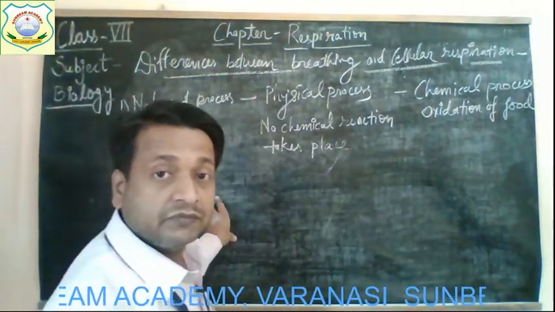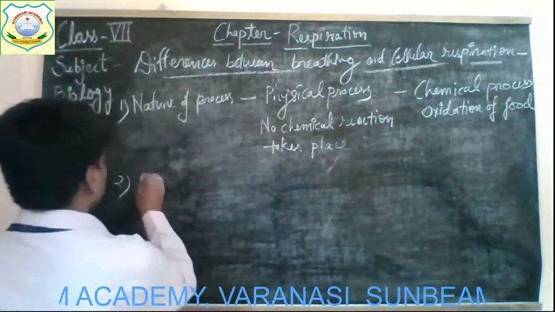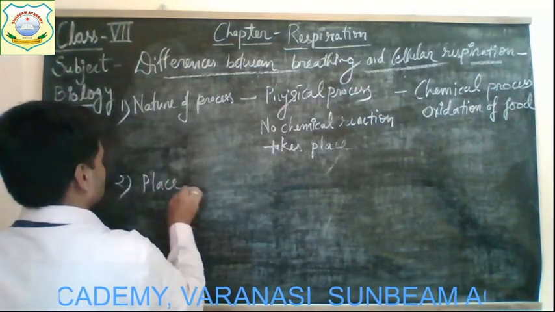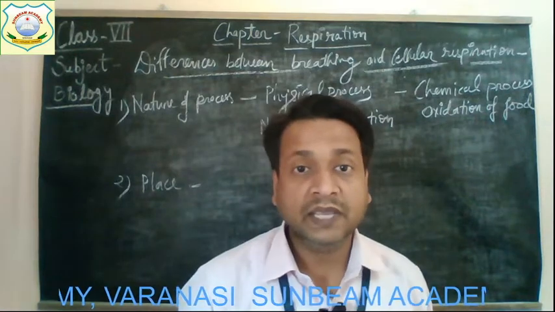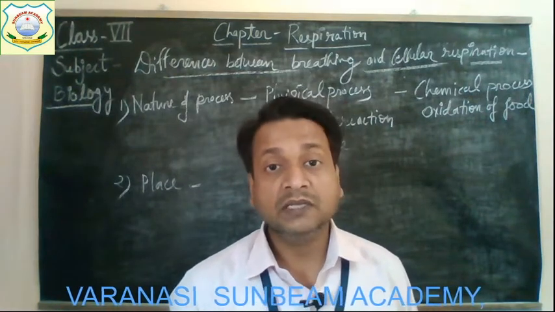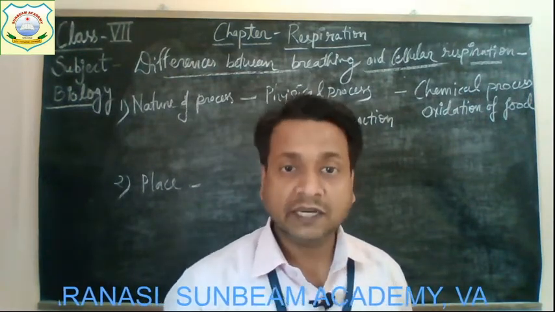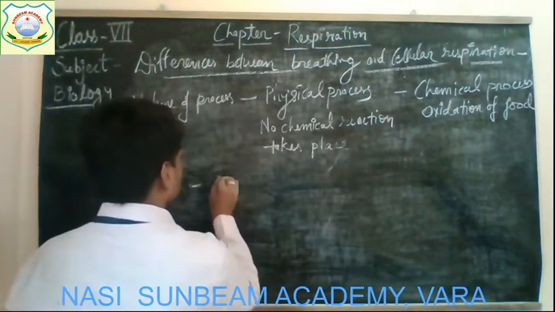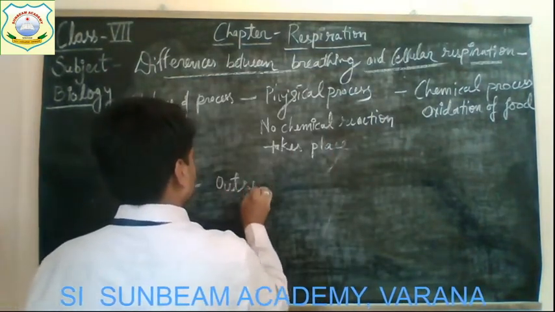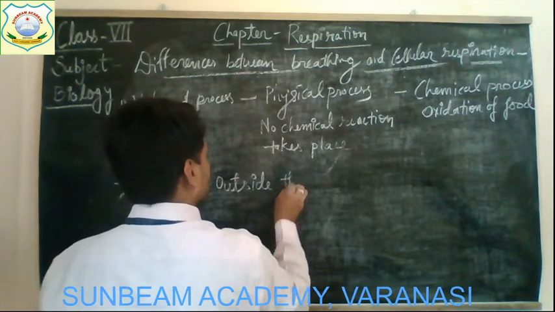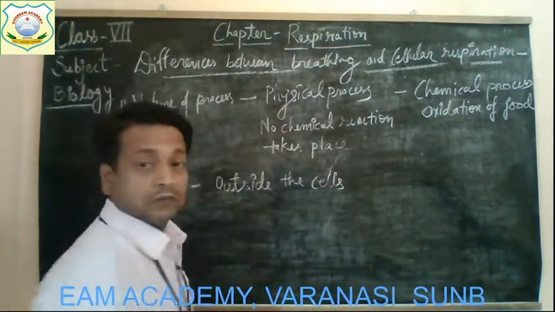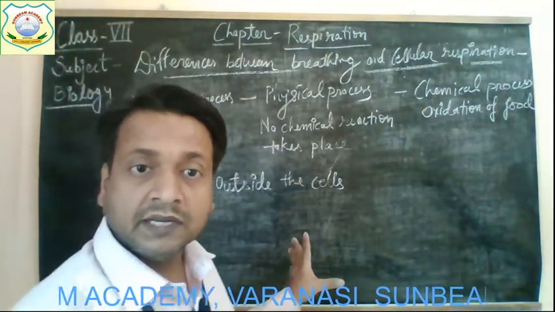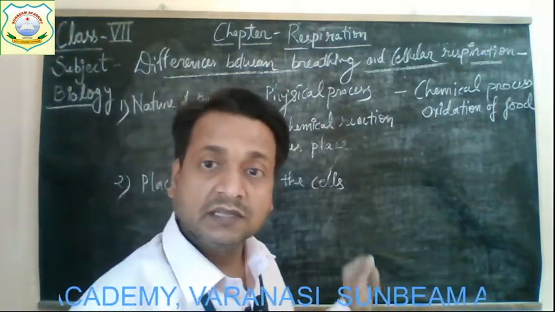The parameter for the second difference is place. Alright, children? On the basis of place, the process of breathing takes place outside the cells. Where does the process of breathing occur? Outside the cells.